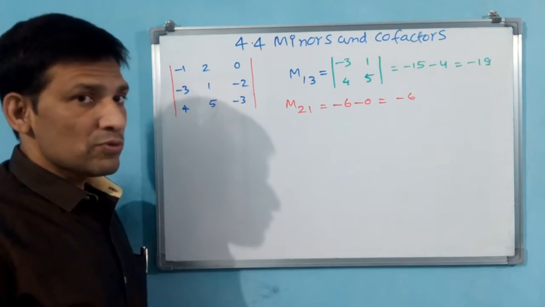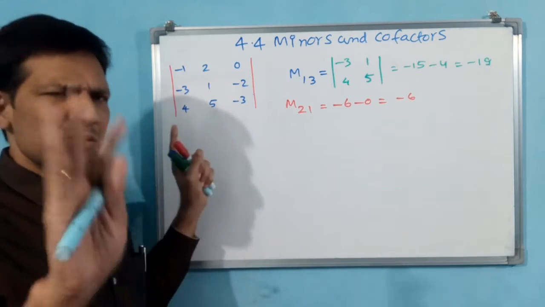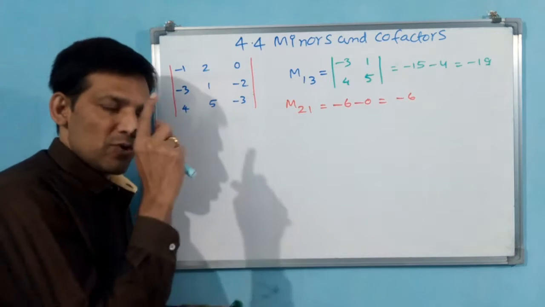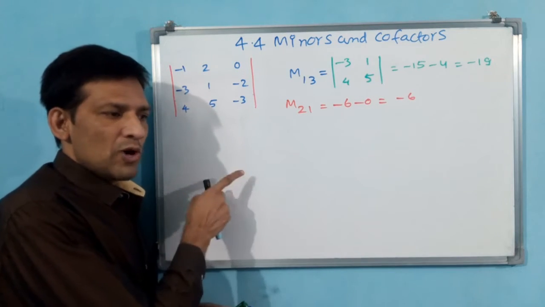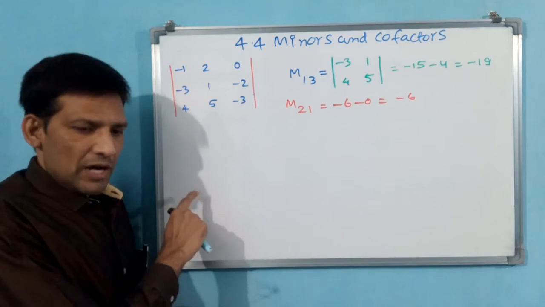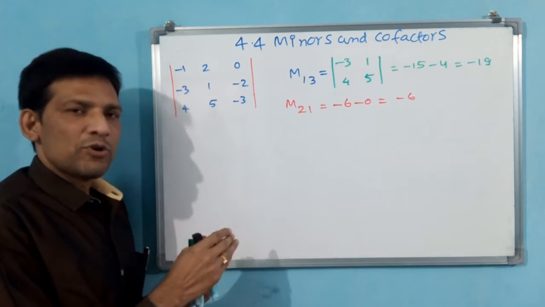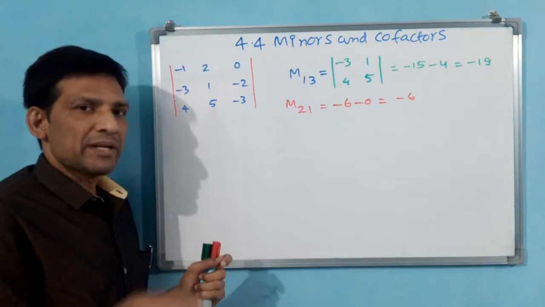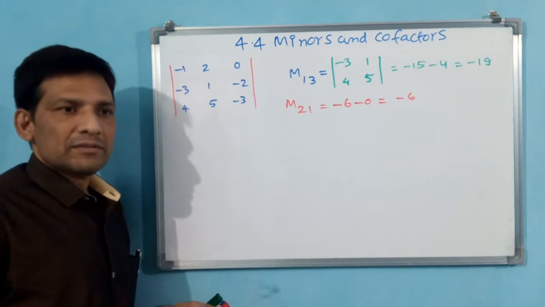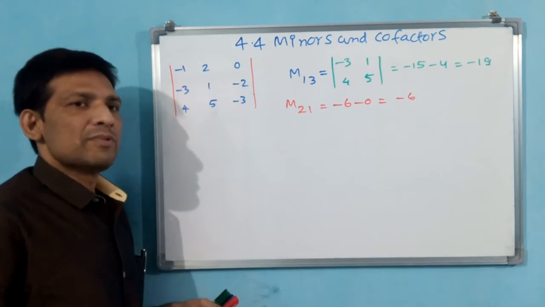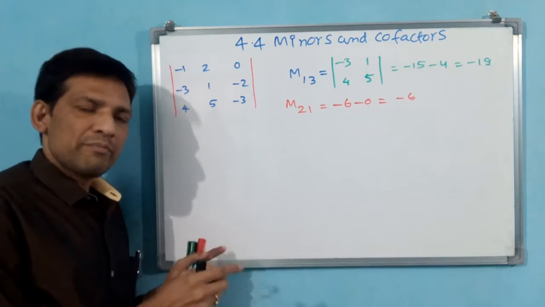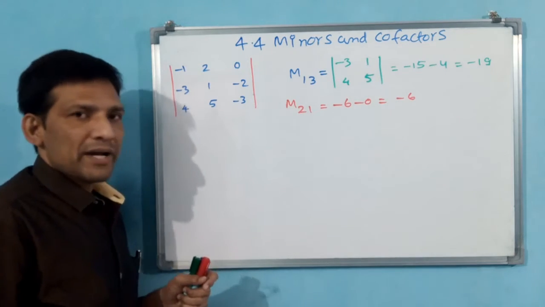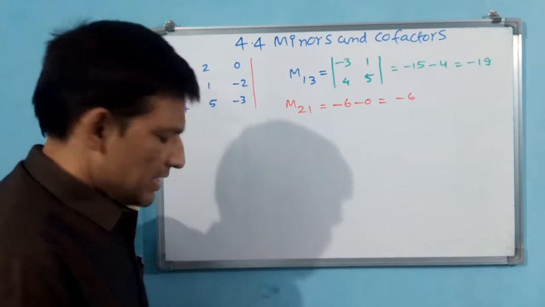But when it comes to cofactors, the sign may change. When the row number and column number together make an even number, you keep the sign the same. If the row number and column number make an odd number, then you change the sign. Okay, like this it will be.